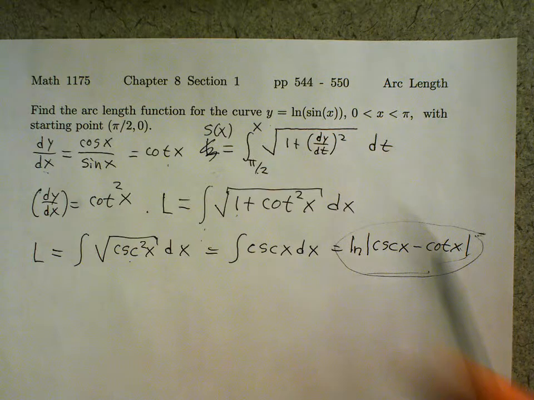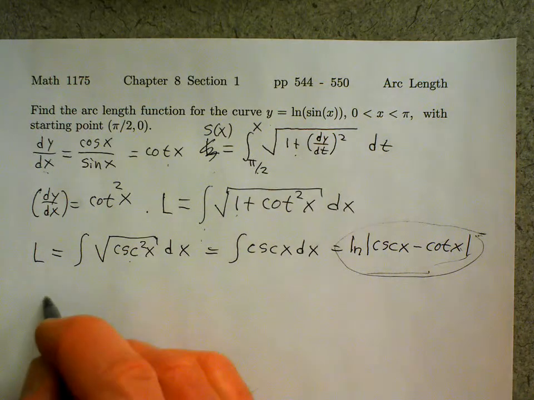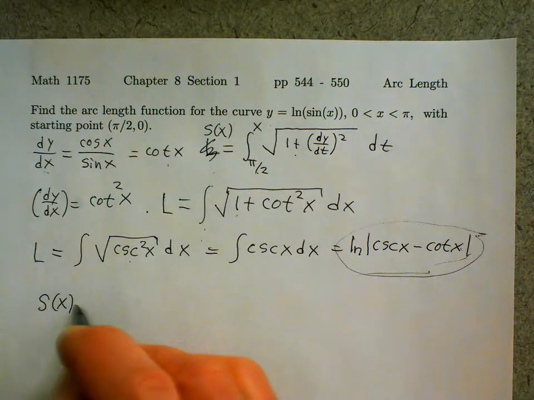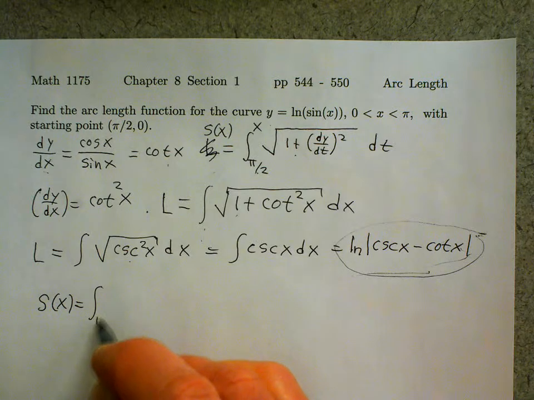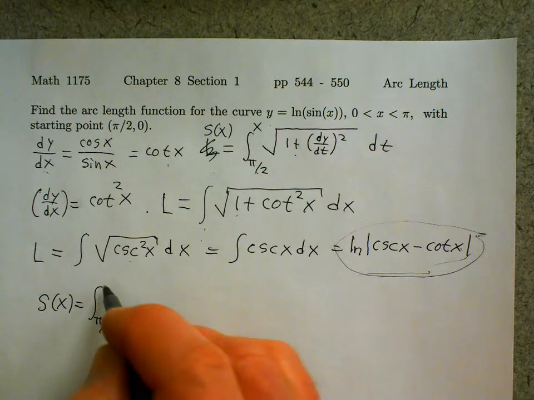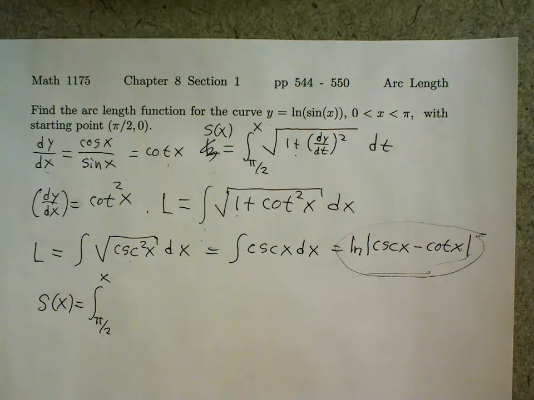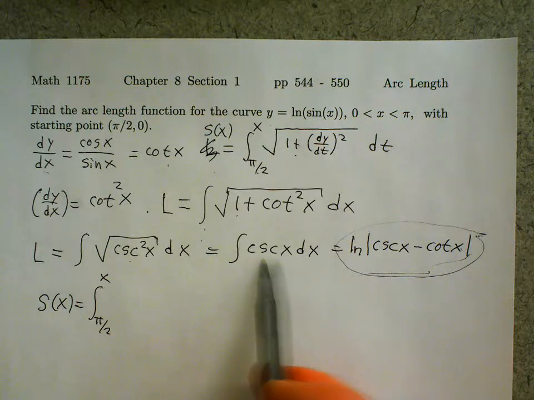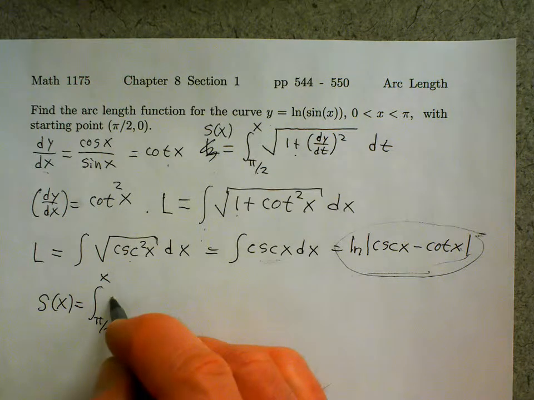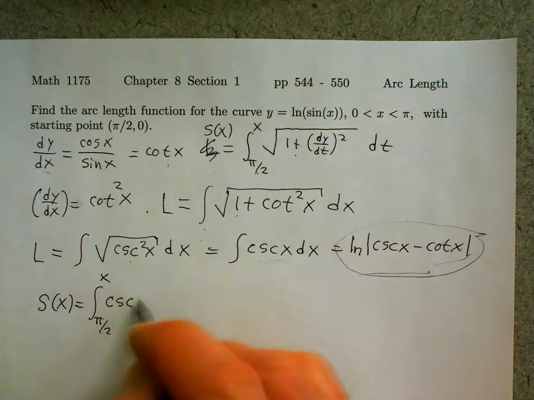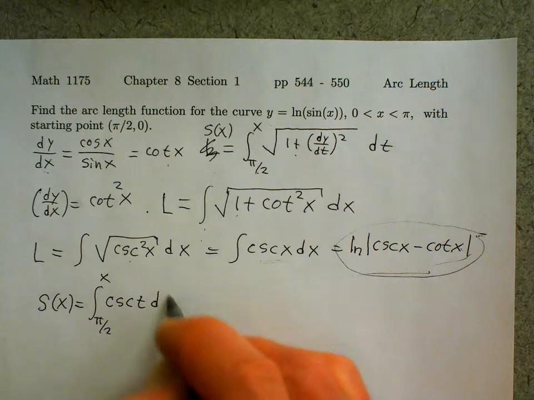Okay, so in our arc length function, we could go to this step right here, cosecant of t dt.